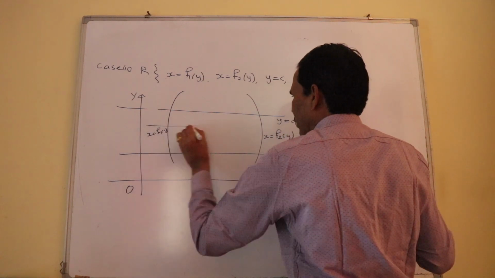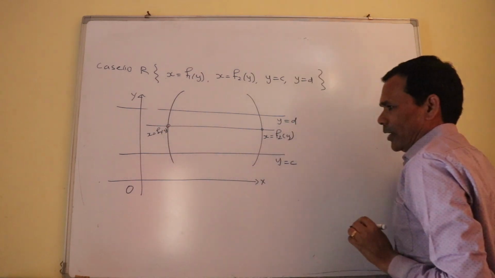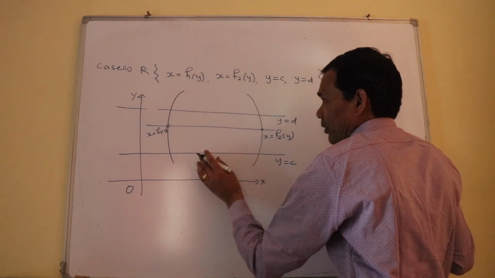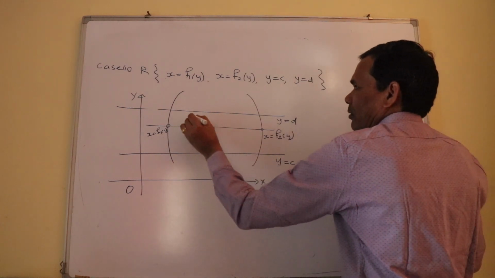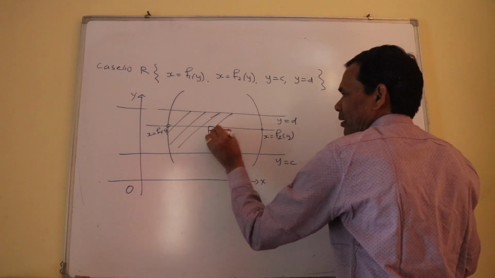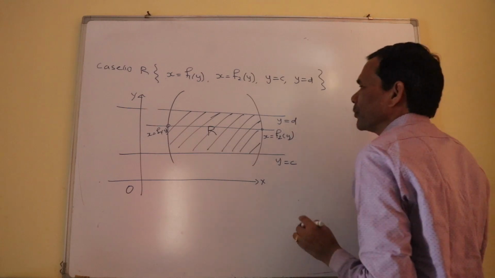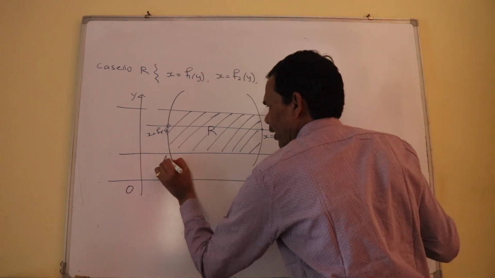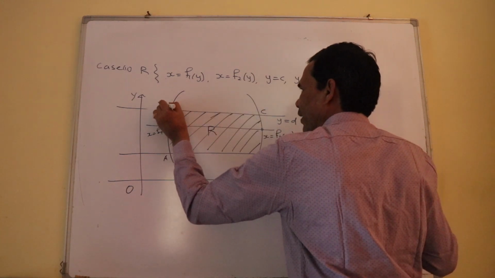Then this is the strip taken over here, and so this is the region of integration. So this shaded part is the domain or region of integration. Maybe it is called A, B, C, D, the region of integration.